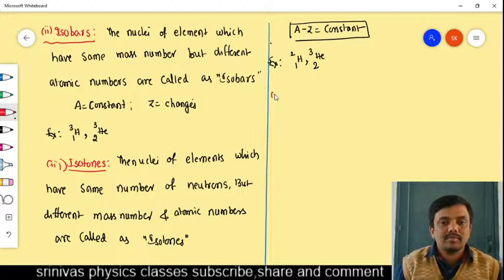And the next one is the fourth one, that is the isomers. What are the isomers?